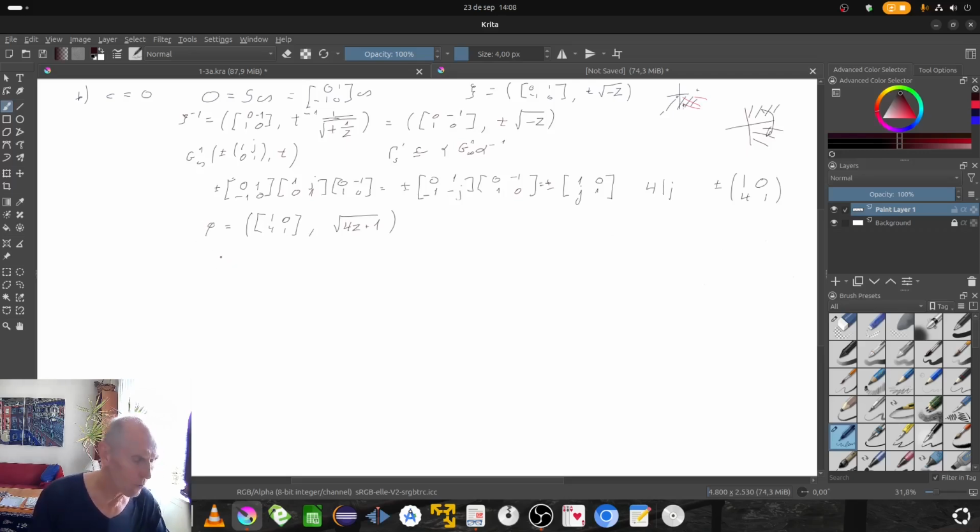And then we have to compute psi, phi, psi inverse, and that should give, I haven't written it anywhere, the matrix 1, 4, 0, 1, and then our constant t.